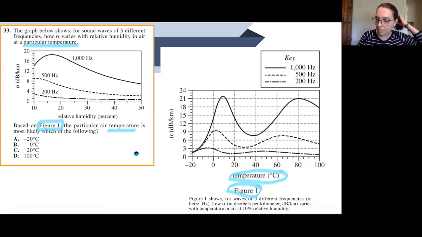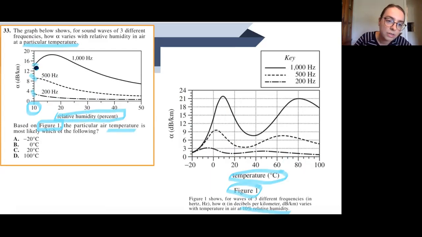They tell us figure 1 is at 10% humidity. So if I focus on 10% relative humidity, these 3 data points, 1, 2, 3, what temperature do they line up with? Let's look at the first data point, the 1000 hertz. It is 12, 13, 14, about 14 for alpha.